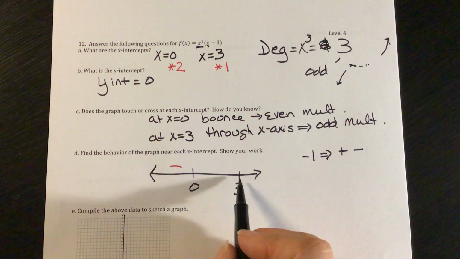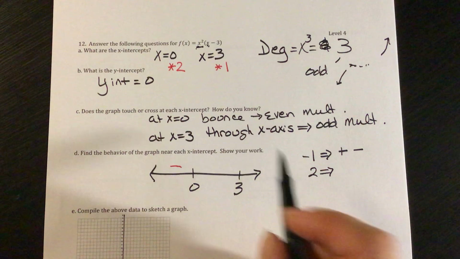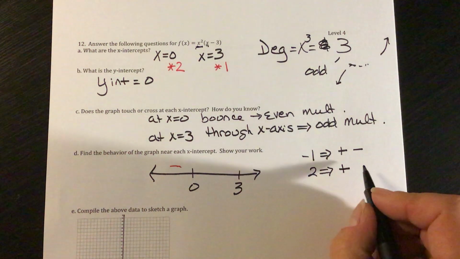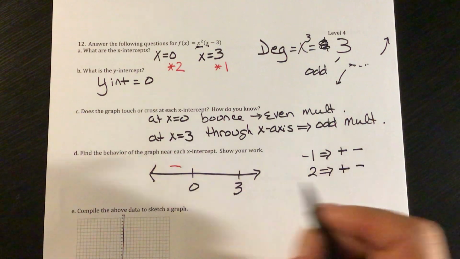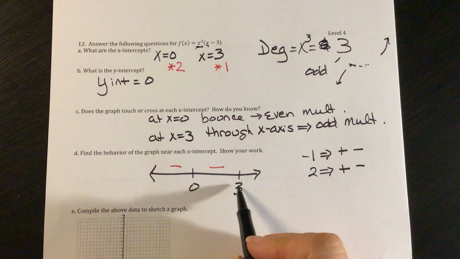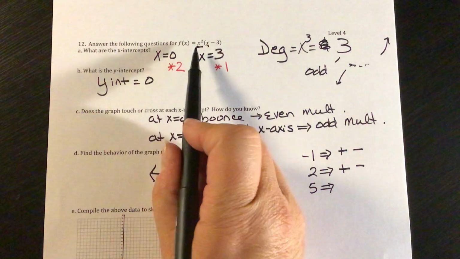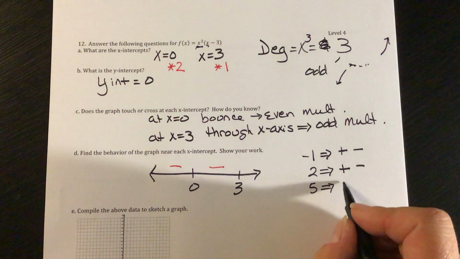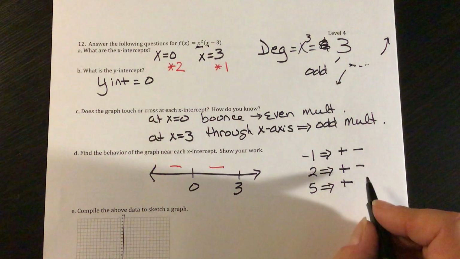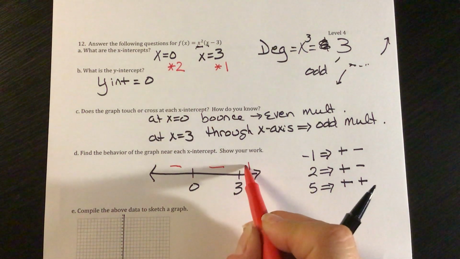A number between 0 and 3, let's pick 2. 2 squared is 4, that's positive, and 2 minus 3 is negative, so this is also going to be negative. And after 3, let's pick 5. 5 squared is 25, that's positive, and 5 minus 3 is positive 2. So this area is going to be positive.